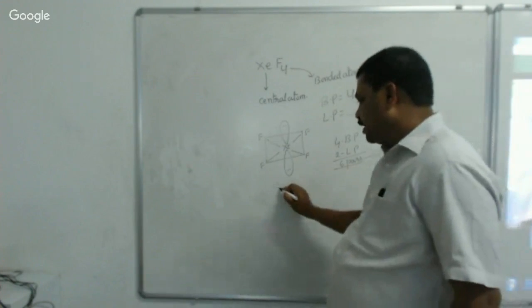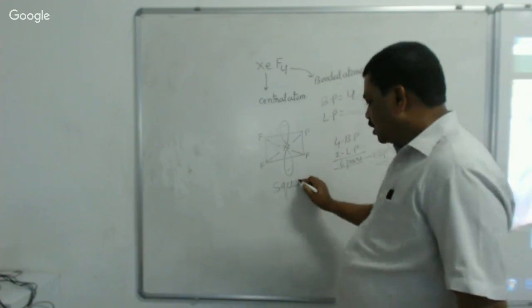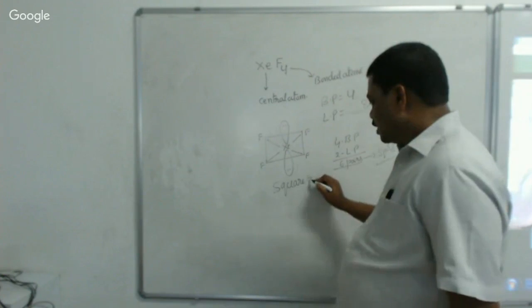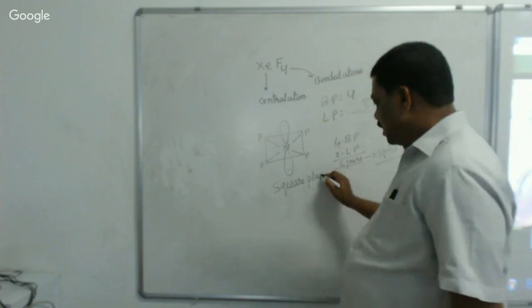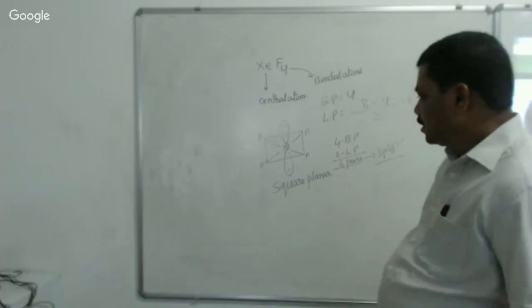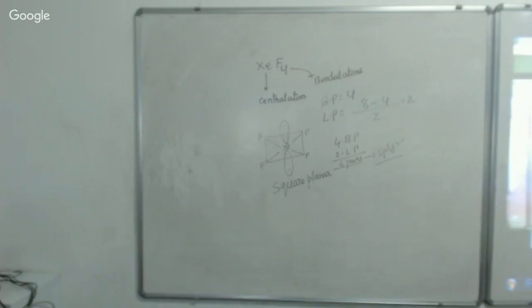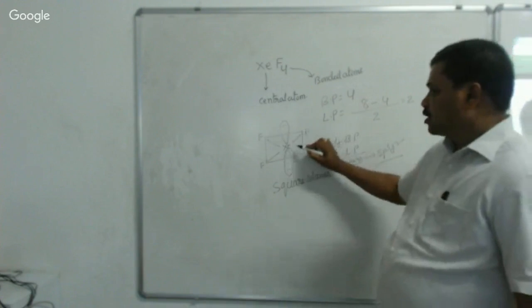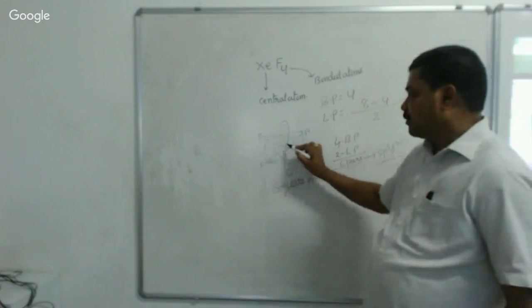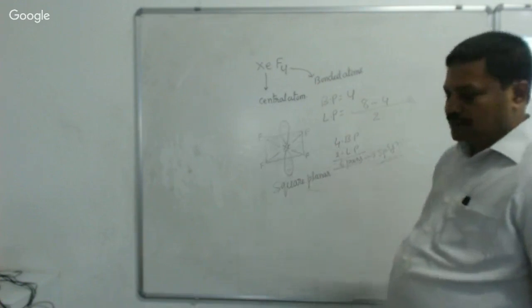Though it is sp3d2, it is not octahedral because of lone pairs, and it gets a shape called square planar. So xenon tetrafluoride is a square planar molecule. It has 4 bond pairs, means 4 bonded atoms, and 2 lone pairs.